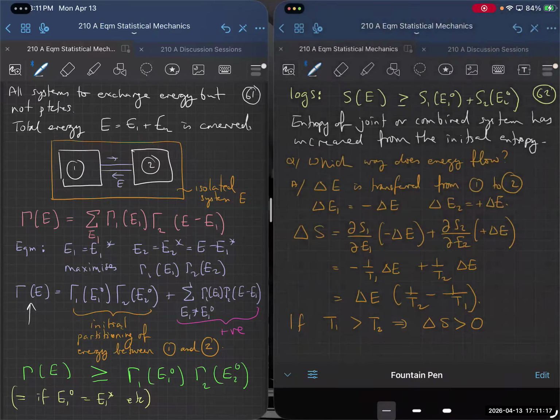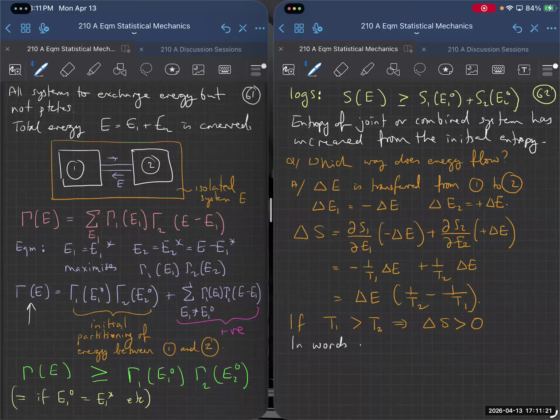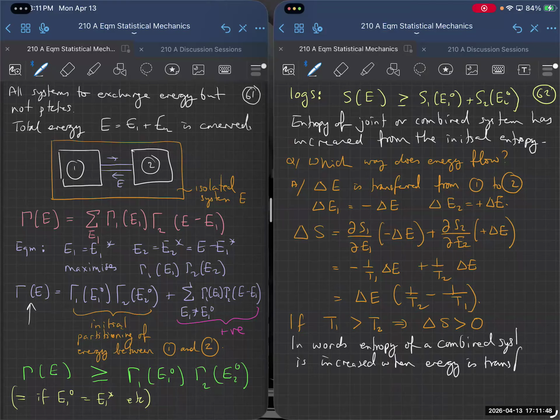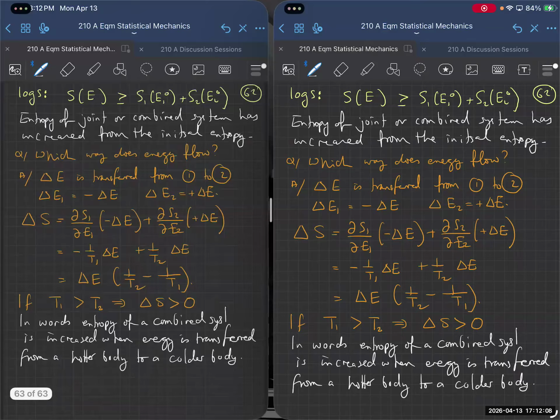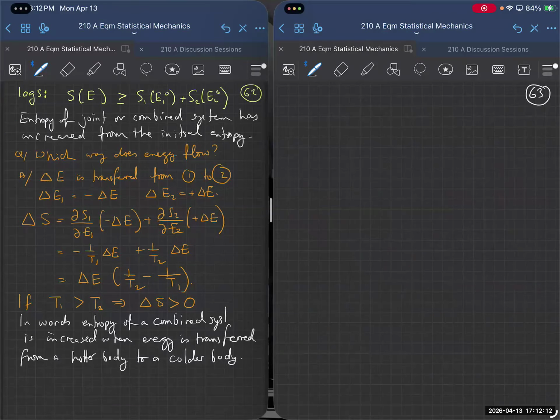So in words, entropy of a combined system is increased when energy is transferred from a hotter body to a colder body. And that's how thermodynamics was one of the axioms of thermodynamics.